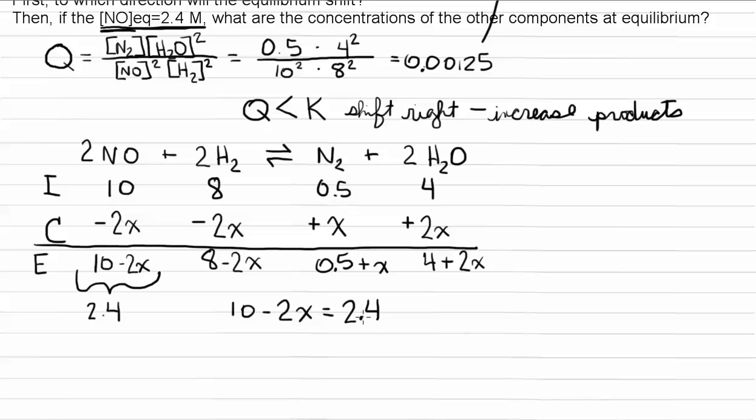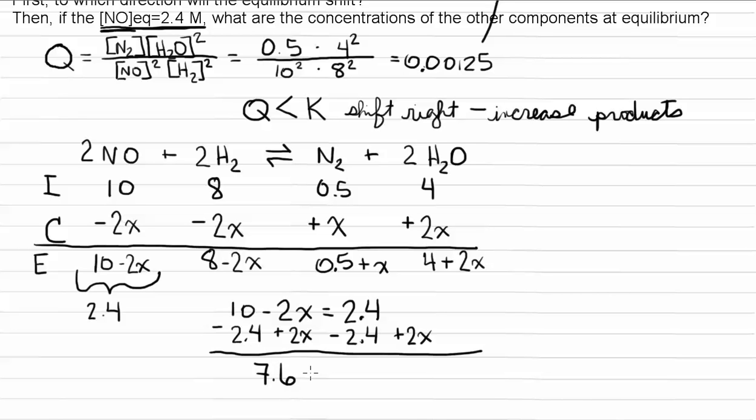Now we can just solve for x. In solving for x, you subtract 2.4 from both sides, add 2x to both sides. So we get 10 minus 2.4, 7.6 equals 2x. Divide both sides by 2. X equals 3.8.